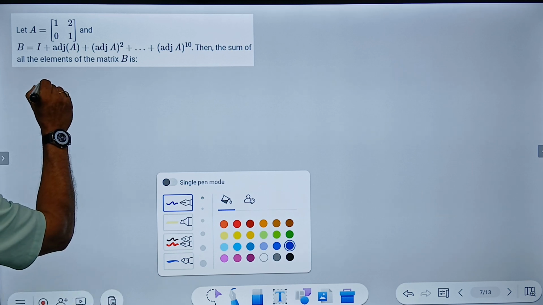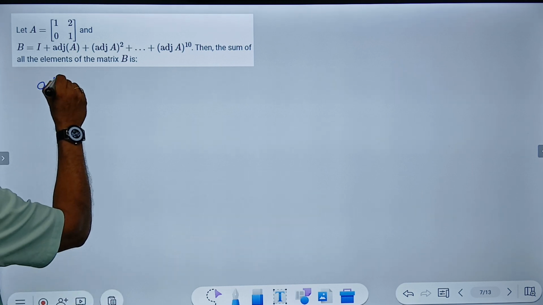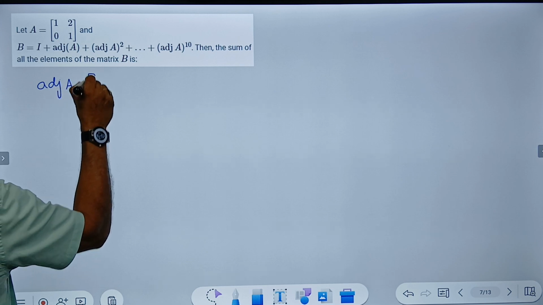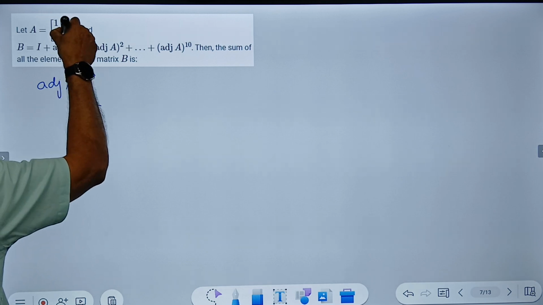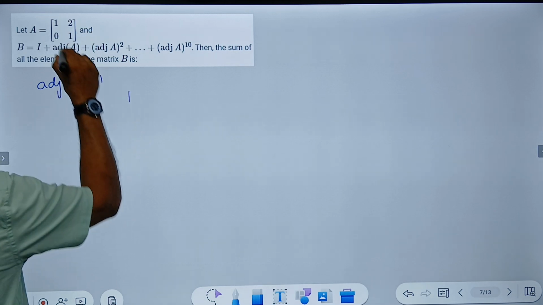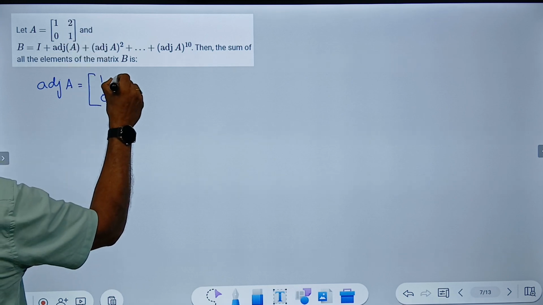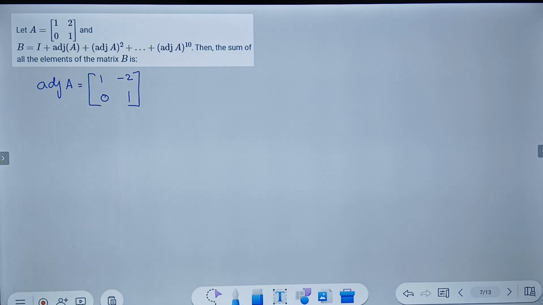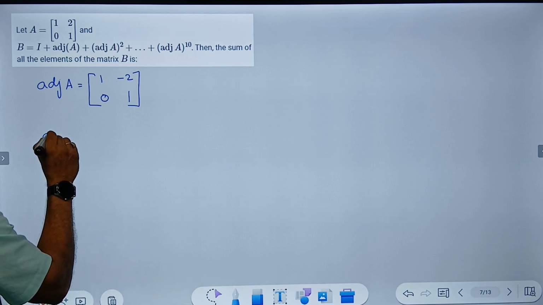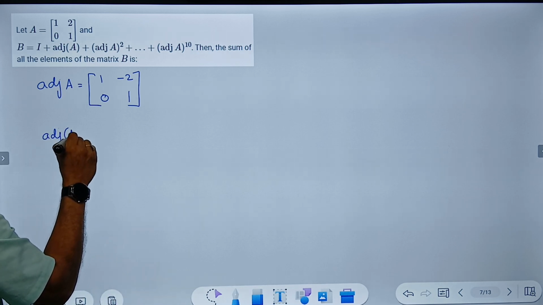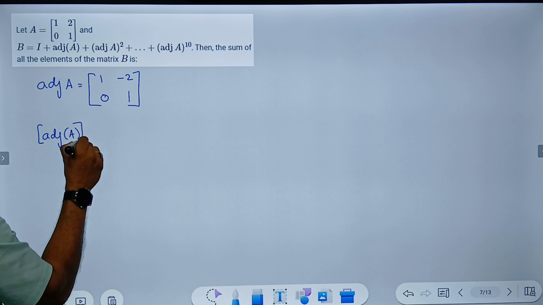So for this, first I will try to find what my adjoint of A is. Adjoint of A is very easy to find. Interchange the diagonal elements and change the sign. Okay, this is adjoint of A. Then I'll try to find out adjoint of A whole square.